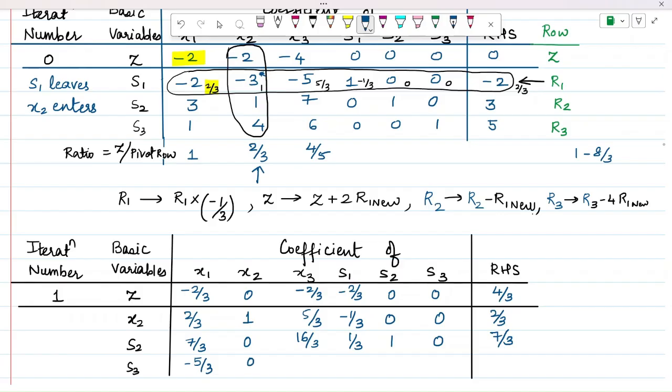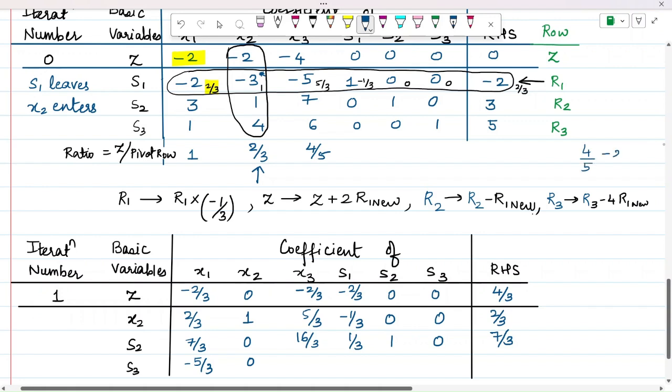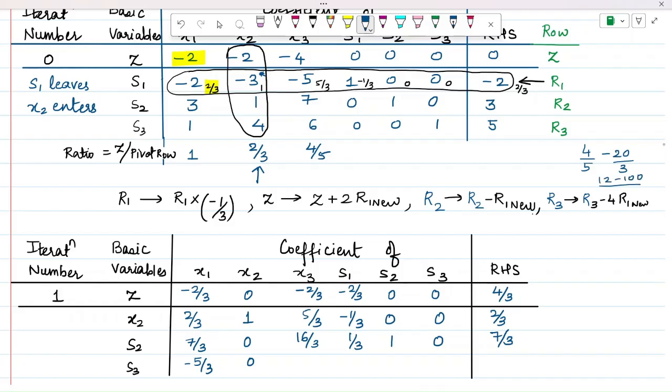This becomes 0 because of 4 minus 4. Then I have 4 by 5 minus 20 by 3, which becomes 12 minus 100 by 15, which is negative 88. Or am I going wrong? Oh, it's not 4 by 5, sorry, it's 6 minus.